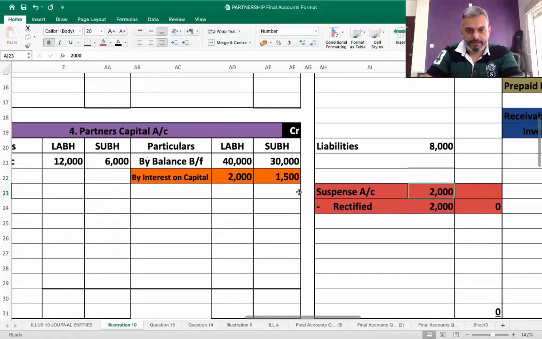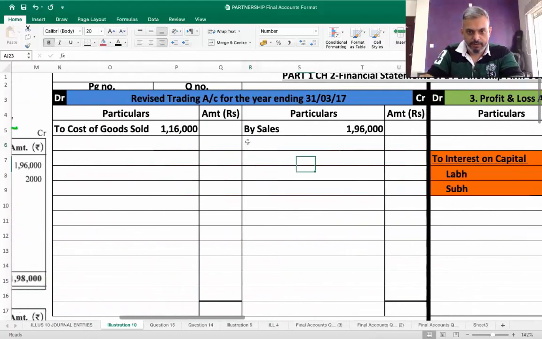At the same time, sales account we have to increase, plus undercast 2000, 1,98,000.